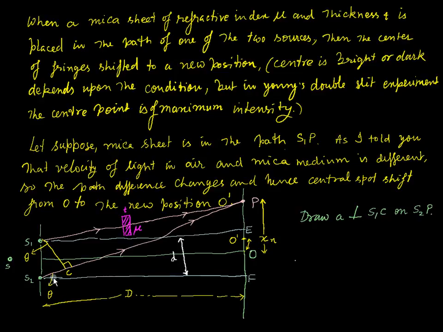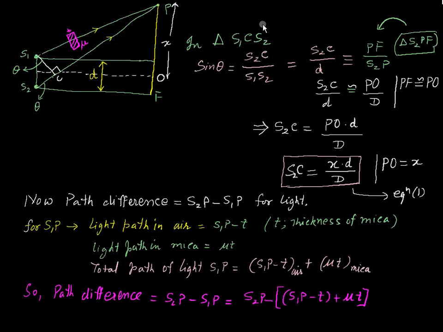This angle theta is in the triangle P, S2 and F, and by the property, the angle C S1 S2 will also be theta. These are the basic explanation of this diagram, which we have used earlier also. Now we will use some geometry.